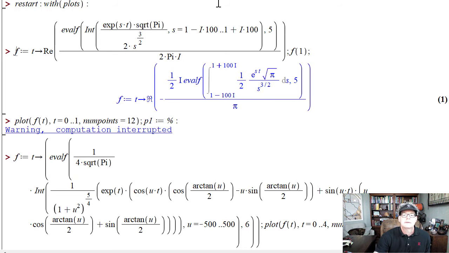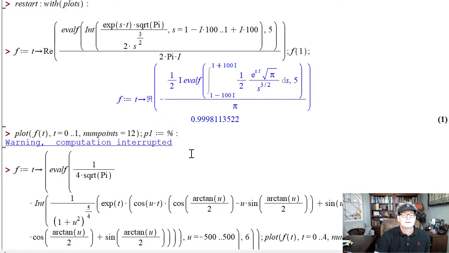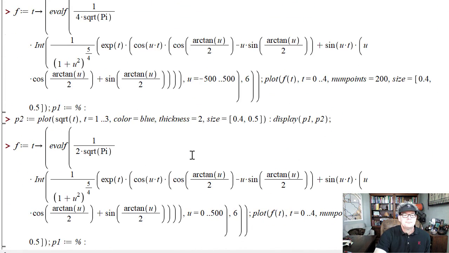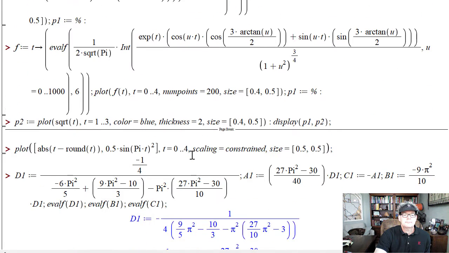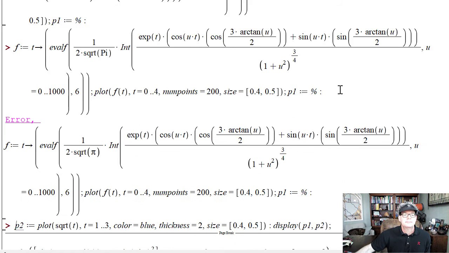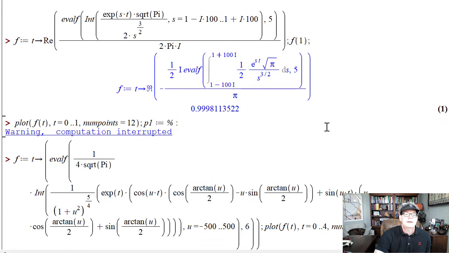That's before I did it, so let's just stop it. Here, so here's with my integral. Error. I need to do it with plots.